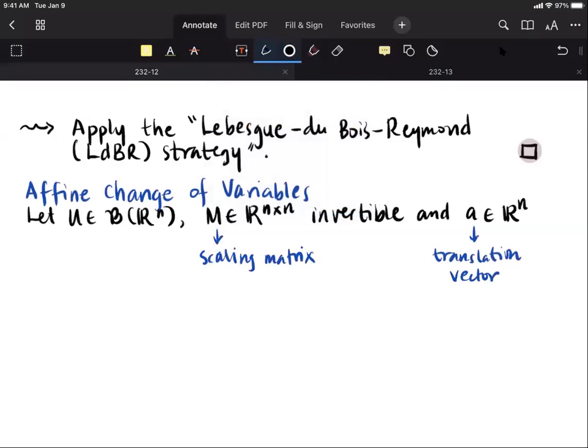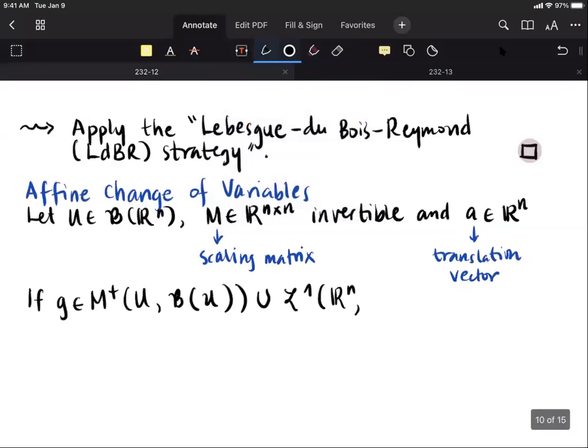So if I have a function g, which is either a non-negative measurable function in U with respect to the restriction sigma algebra, the Borel sigma algebra BU, or it is integrable in U with respect to the Lebesgue-Borel measure lambda n.